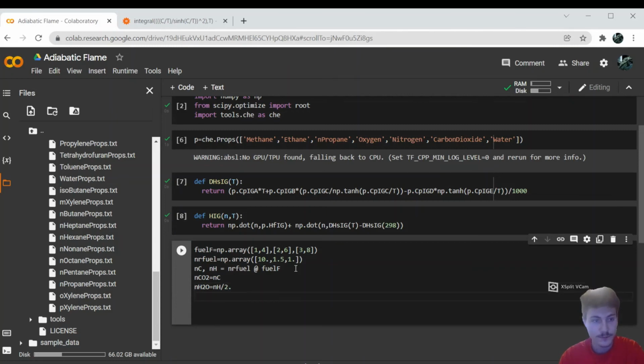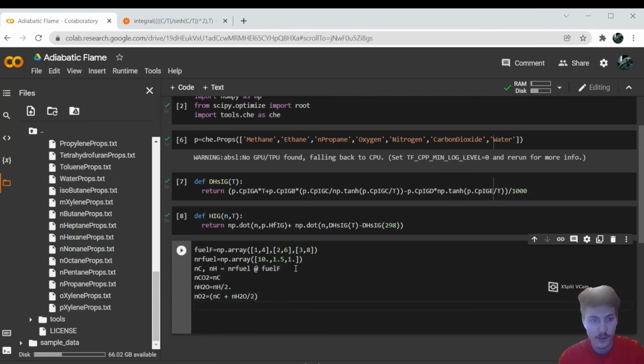So I'll do that. And now the number of moles of oxygen, O2, is equal to the number of moles of carbon dioxide, no. I think it's the number of moles of carbon plus the number of moles of water divided by 2.